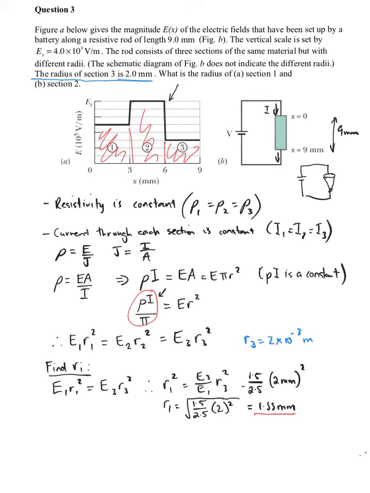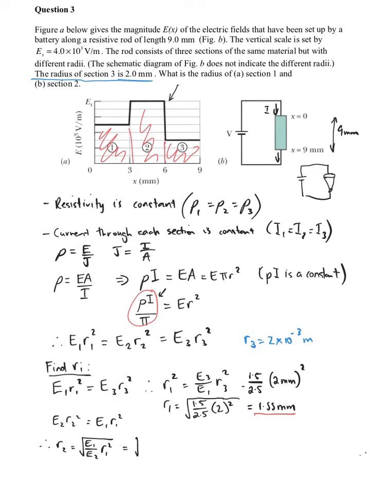Okay, so we can do the same process to find out what R2 will be. We just now go E2 R2 squared equals E1 R1 squared. So therefore R2 equals, by the same argument, E1 over E2 times R1 squared.